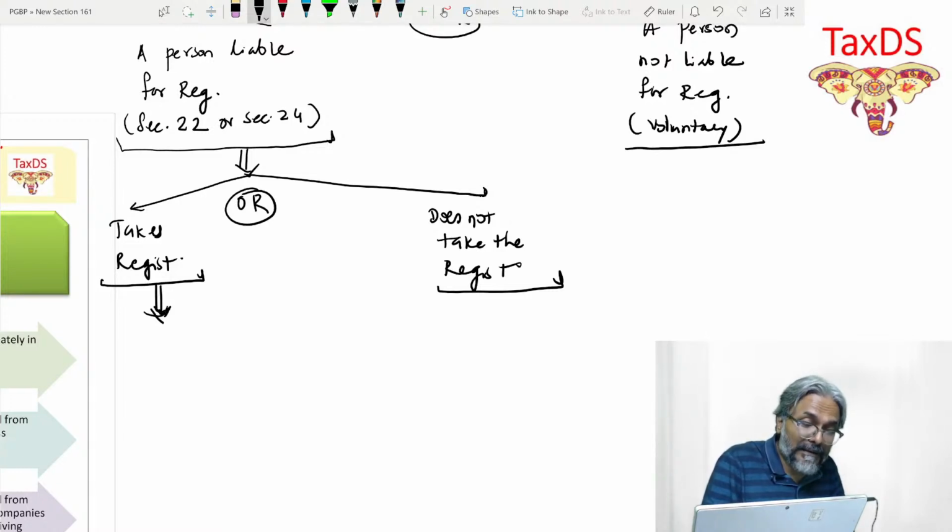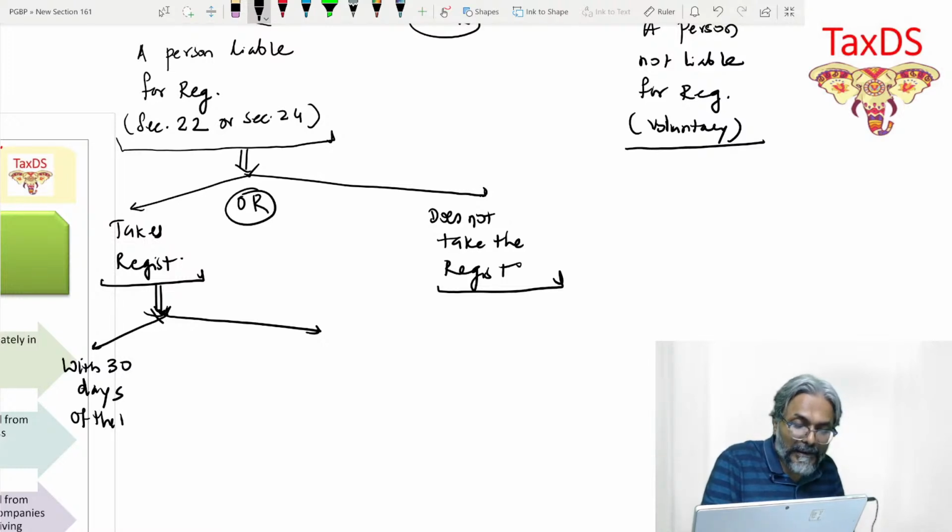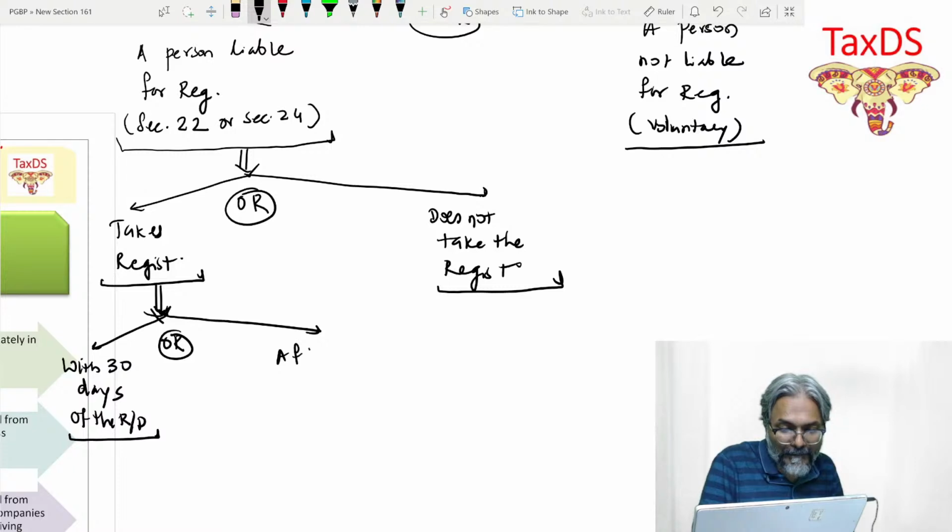If he is taking the registration, you need to ask the question: did he take registration within 30 days of the relevant date, or after 30 days of the relevant date? What is the relevant date? We'll see.